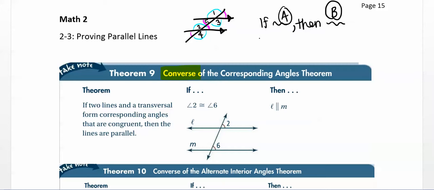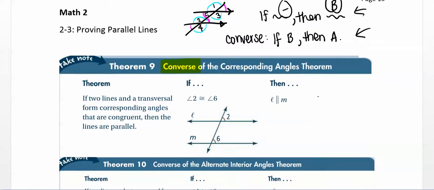So a converse of a conditional statement is when you flip the hypothesis and the conclusion. So we would get if B, then A. It is not automatically true that if this is true, then this is true. So that's why we're actually going to name these with new theorems. Alright, so let's look at the first one here.